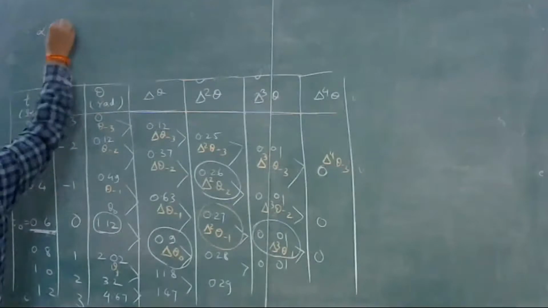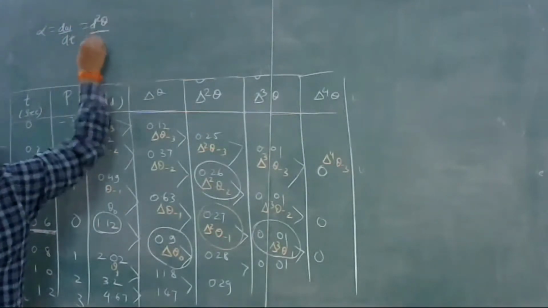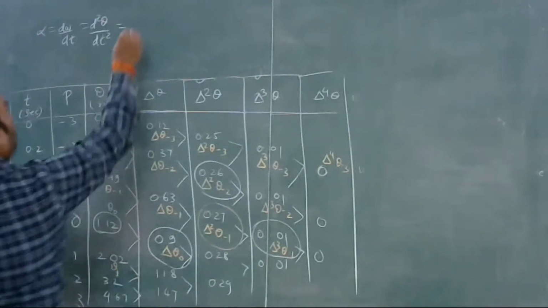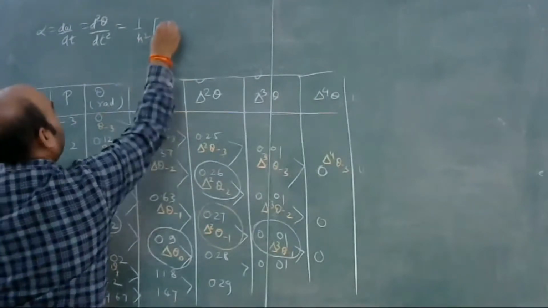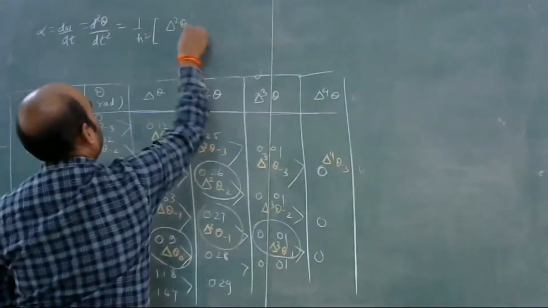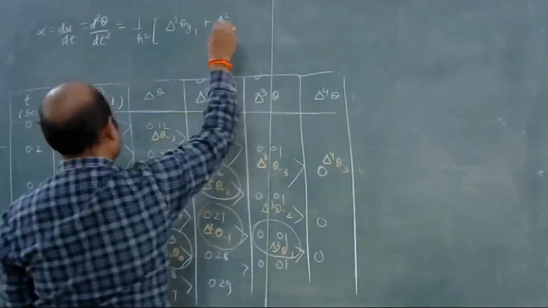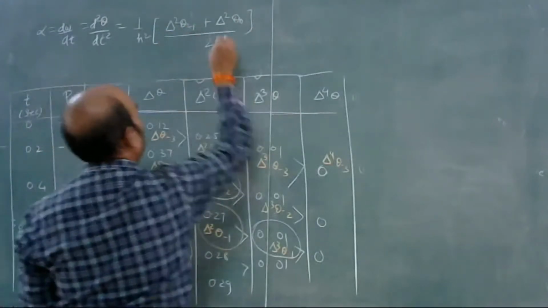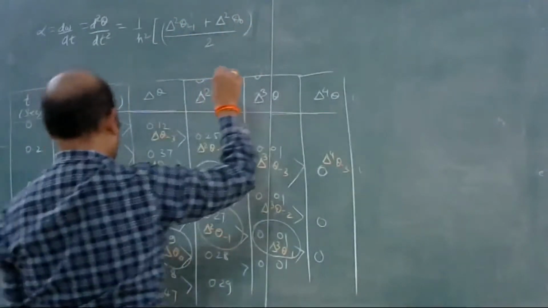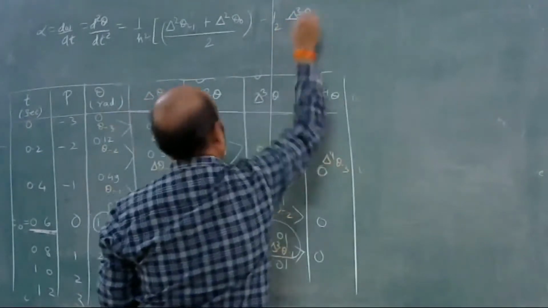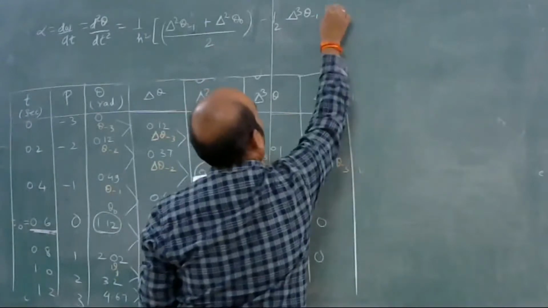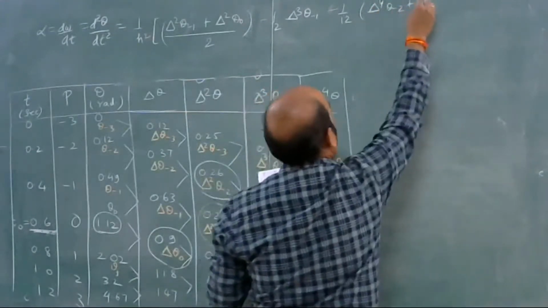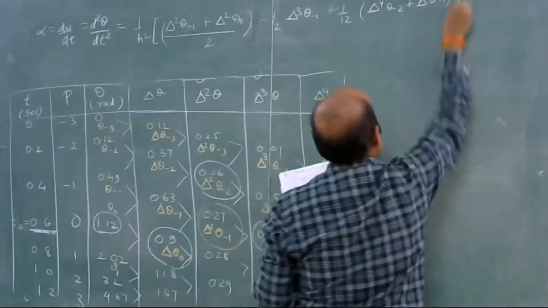Alpha is equal to d omega by dt is equal to 1 upon h square [del square theta minus 1 plus del square theta naught divided by 2 minus half del cube theta minus 1 minus 1 upon 12 (del to the power 4 theta minus 2 plus del to the power 4 theta minus 1)].